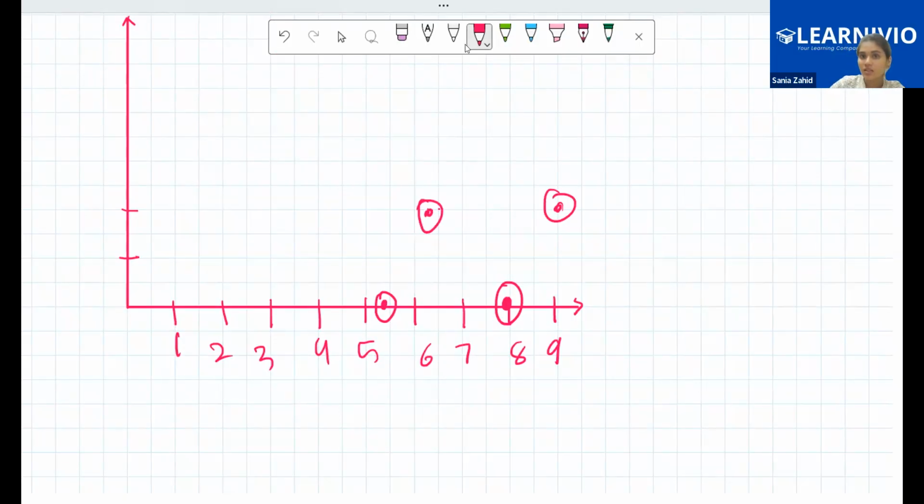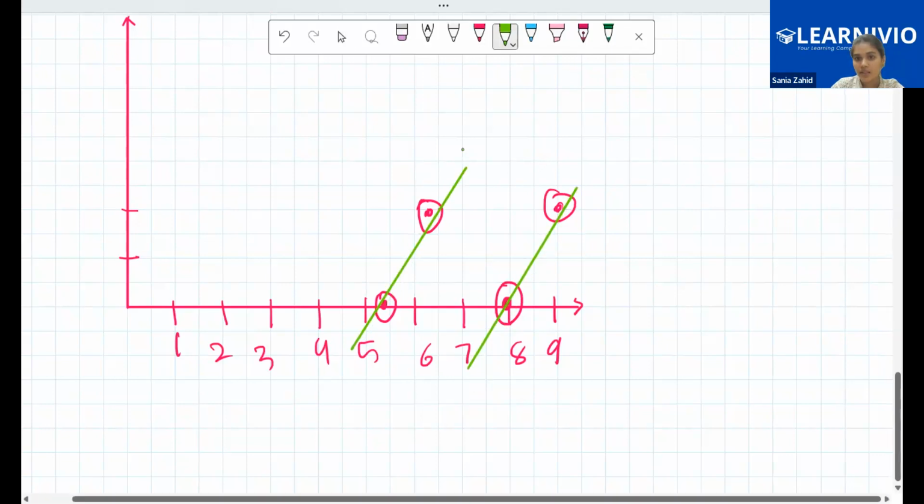See, so these are the coordinates, and when you join these lines, what are you getting? Parallel lines, right? That means it does not have a solution.